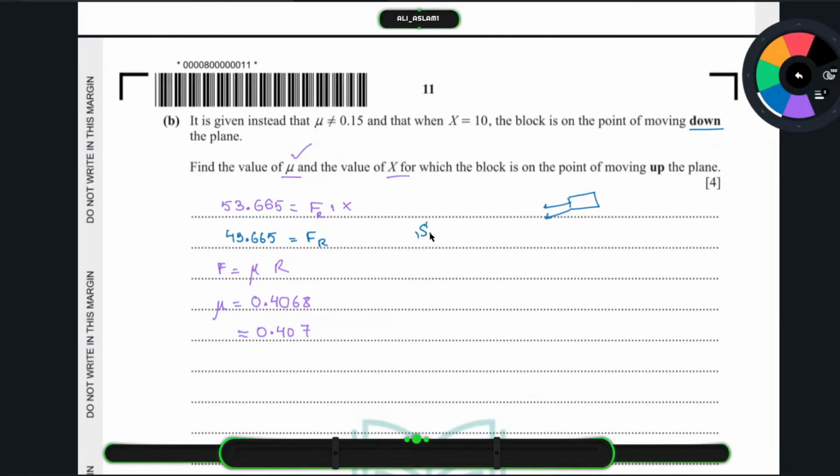So x should be the sum of F plus the parallel component of weight, that is 43.665 plus 53.665, that is about 97.33. I'll just leave it as 97.3 newtons.